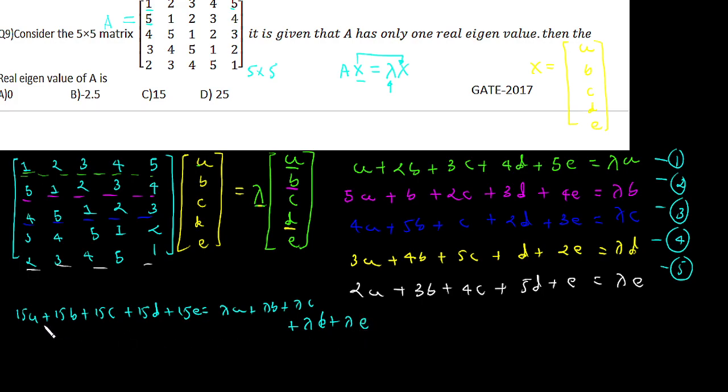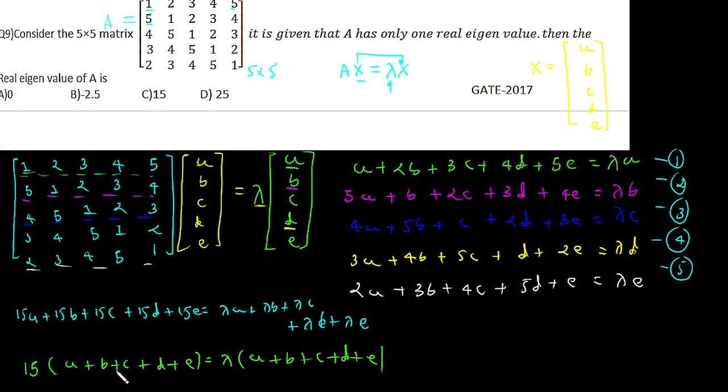Now we can take 15 common from the left hand side. We end up with a plus b plus c plus d plus e. On the right hand side, take lambda common, so we again end up with the same a plus b plus c plus d plus e.